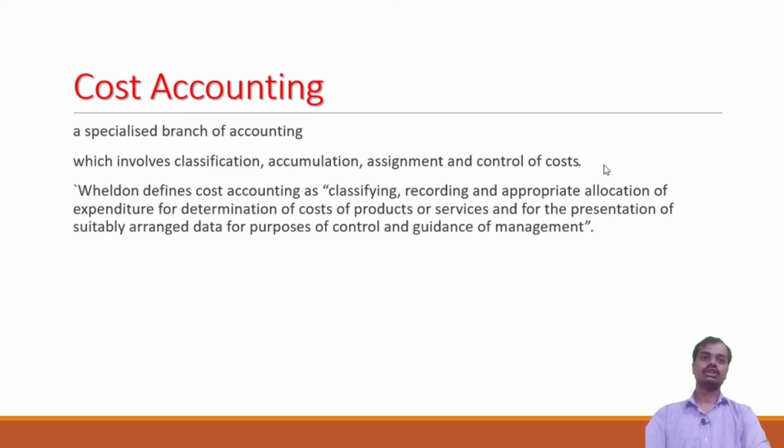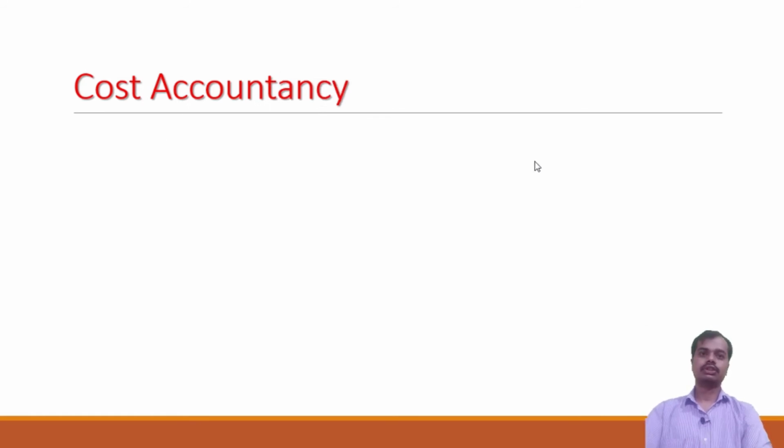Weldon defines cost accounting as classifying, recording, and appropriate allocation of expenditure for determination of costs of products or services, and for the presentation of suitably arranged data for the purposes of control and guidance of management. Cost accounting is a quantitative method that collects, classifies, summarizes, and interprets information for product costing, operation planning, and control, and decision making.